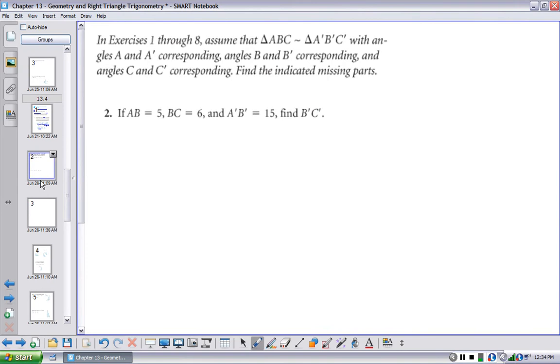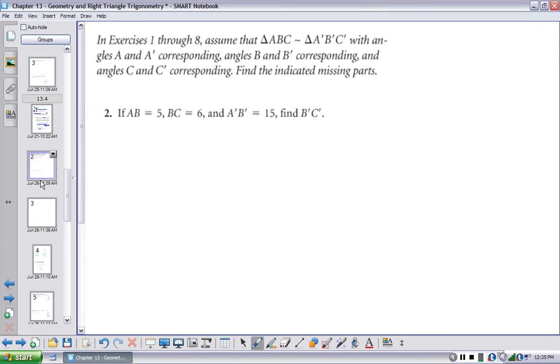And in this next exercise, we want to assume that triangle ABC is similar, that little squiggly line denotes similar, to triangle A prime, B prime, C prime, with angles A and A prime corresponding, B and B prime corresponding, and C and C prime corresponding.